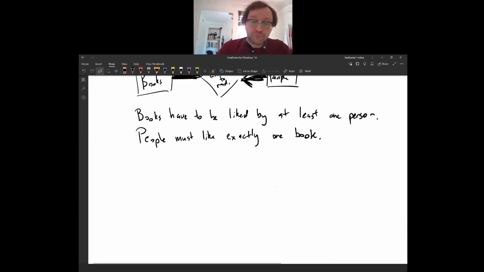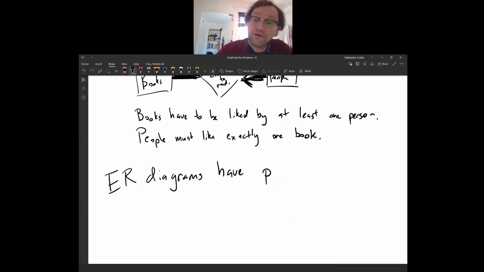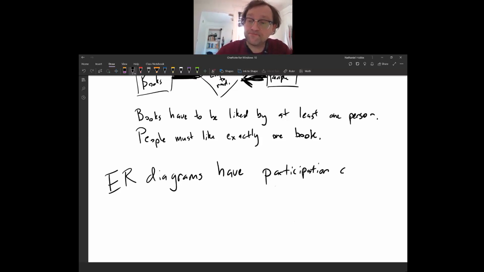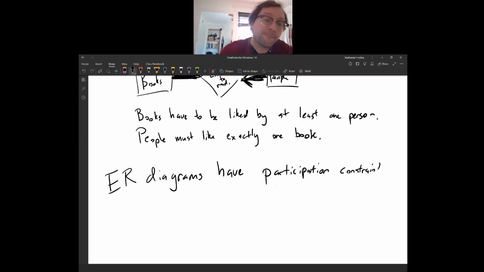So, ER diagrams have participation constraints. Tables have keyed constraints.